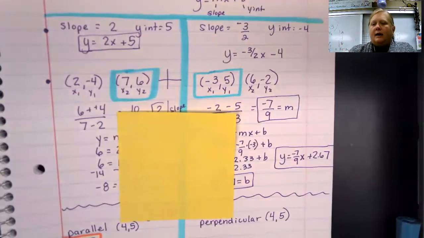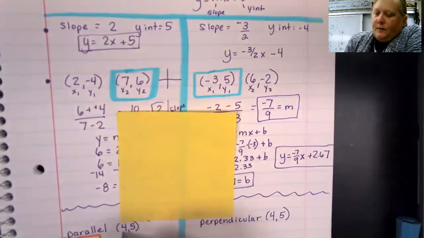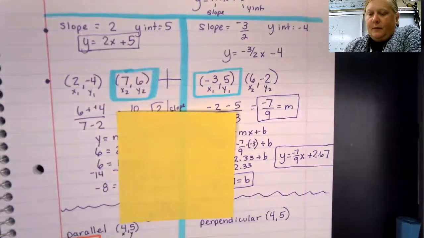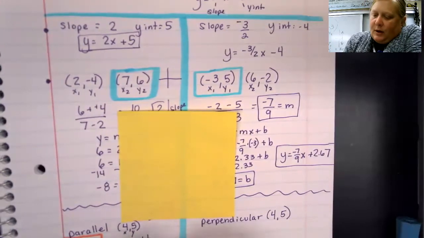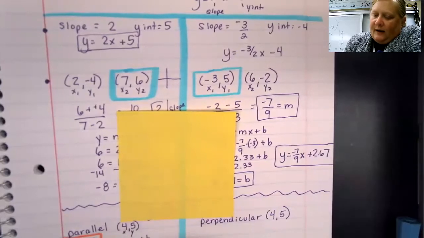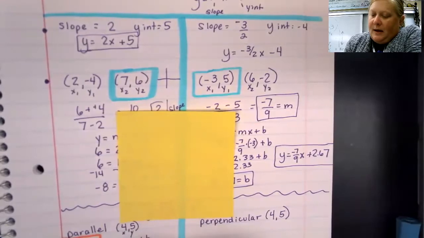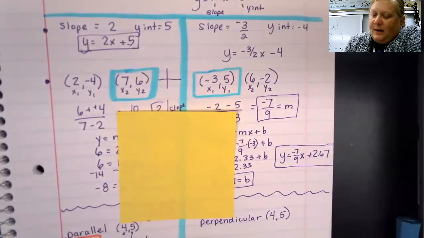Because now here are the two pieces that I need. Here's my x and here's my y. Right? So here we go. y is equal to mx plus b. All right, the 5 goes in for the y. My m is 3. My x is 4 plus b. 5 equals 12 plus b.